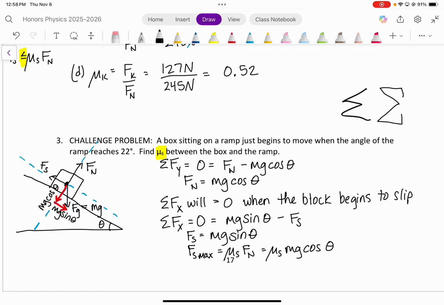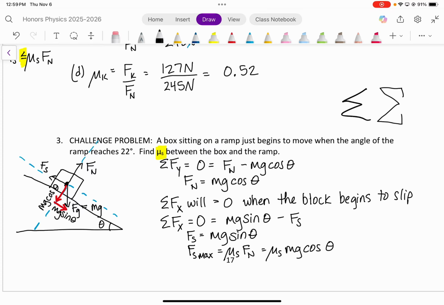If Fs equals mg sine theta and Fs equals mu s mg cosine theta, what can I say about mg sine theta and mu s mg cosine theta? They're equal to each other. It doesn't matter that it says max, because we're assuming that we're at the maximum static friction here.